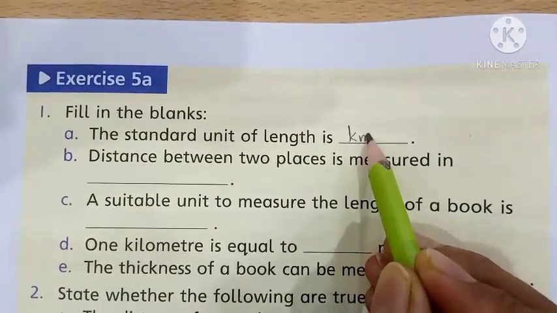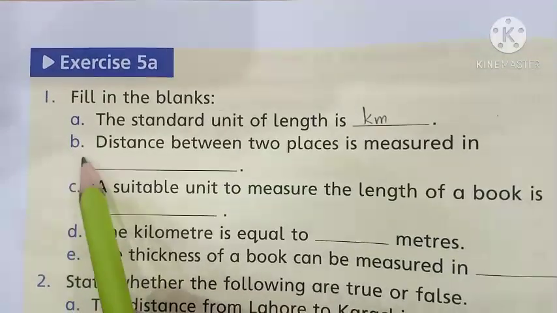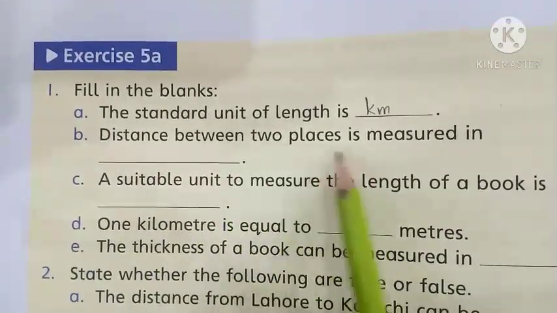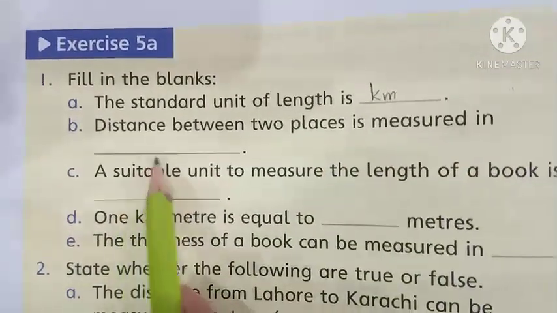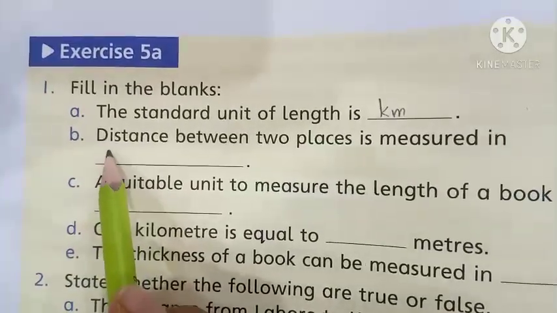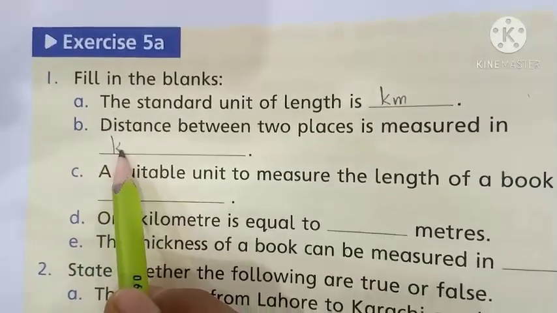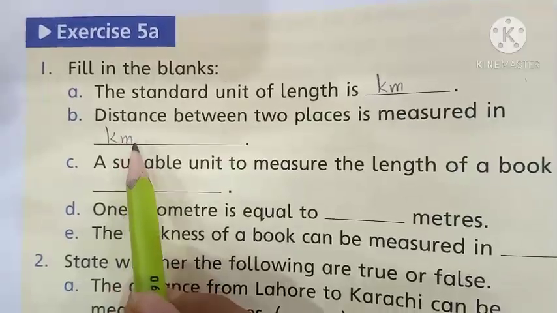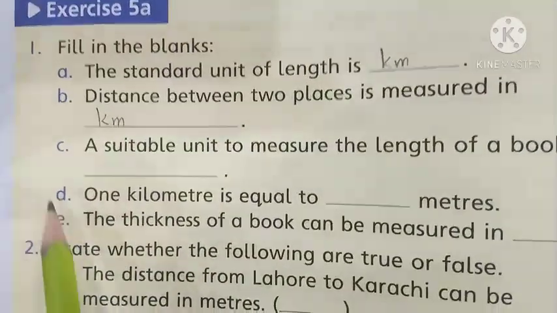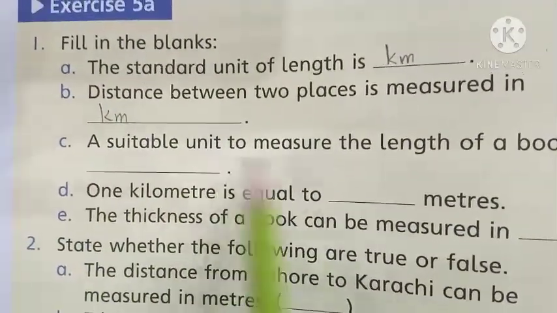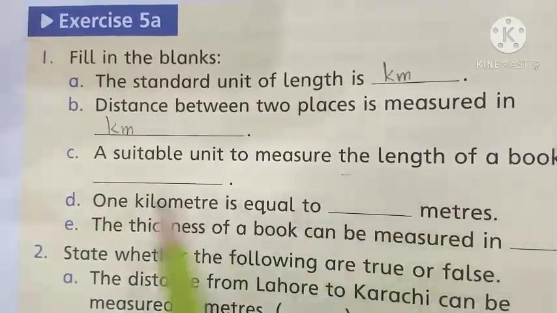Kilometer in short, km. B, distance between two places is measured in kilometers. We will write here kilometers. Kilometers as short, km. C, a suitable unit to measure the length of a book is dash.